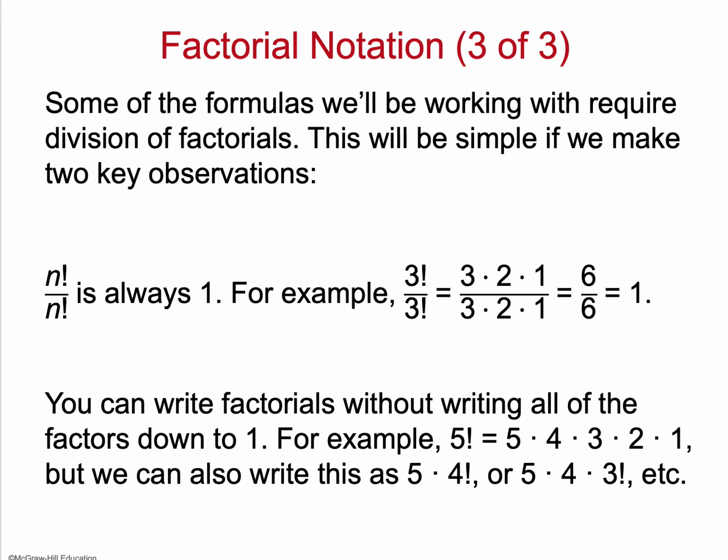Some of the formulas we're going to be working with throughout probability will use factorials. And so it's really important that we understand the rules that apply to a factorial. So if I have something like 3 factorial divided by 3 factorial, that follows traditional rules, and that's going to be 1 because you have the same thing divided by itself.